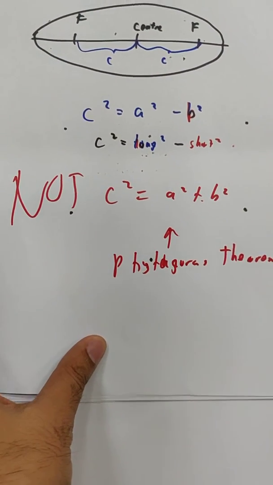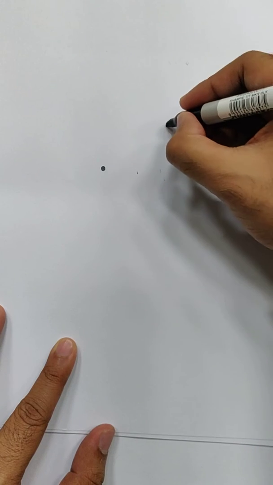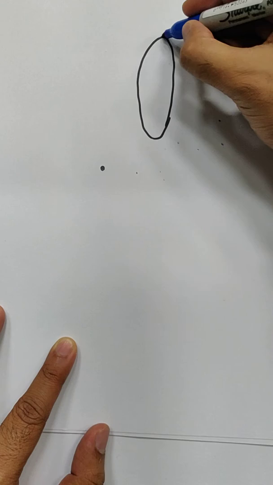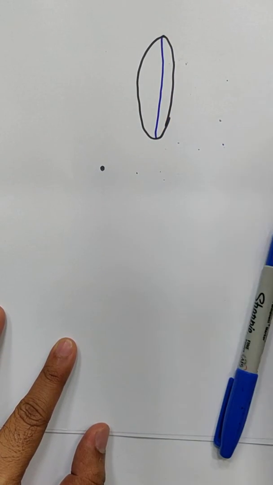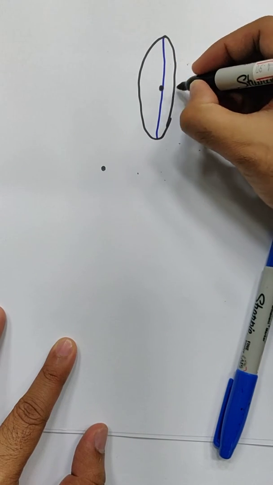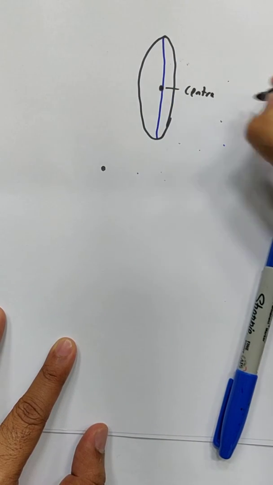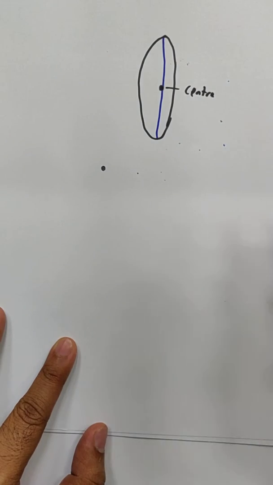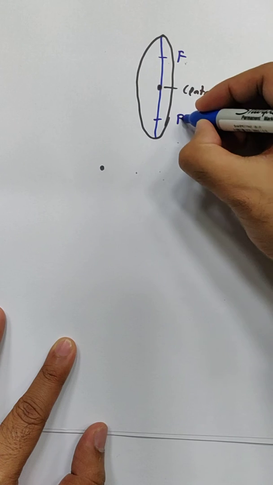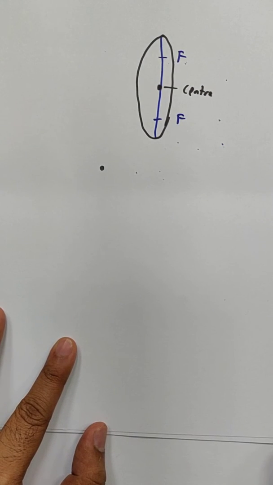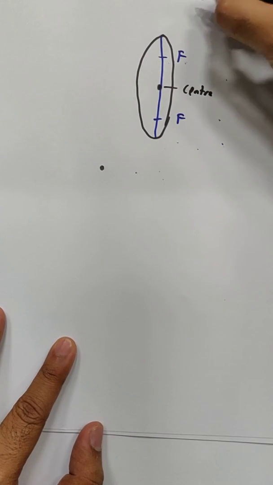So, if I were to ask you again, what about for the vertical ellipse? Where is the foci? If this is the center, the foci will be on the major. Alright? It will always be on the major.